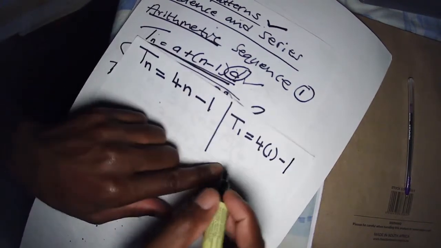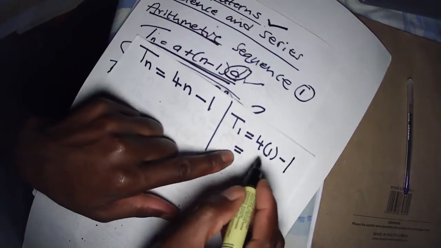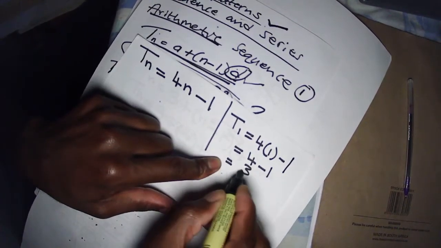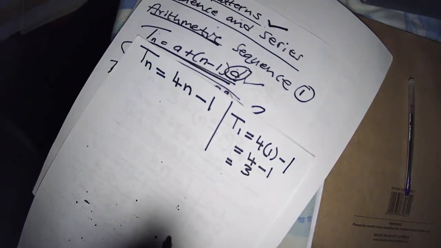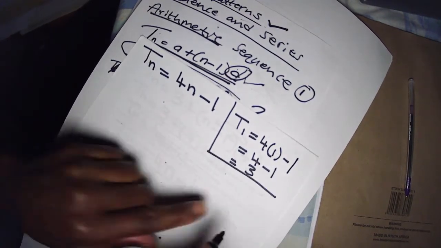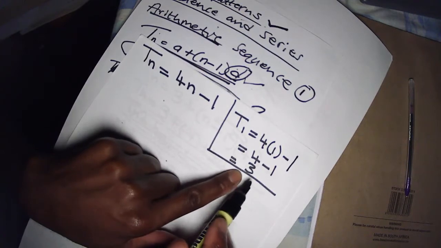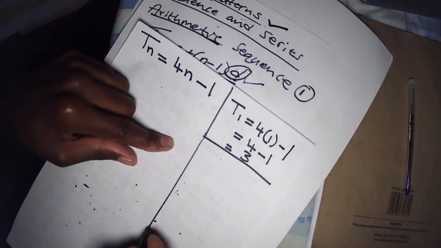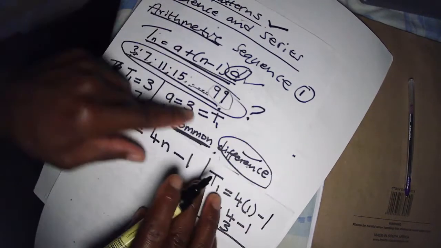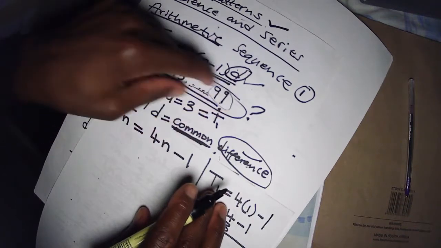So we did something like this. We got 4 minus 1, and the answer is 3. All right, so we want to work in the reverse way. Okay, let us work in the reverse, so to get what term is 99.